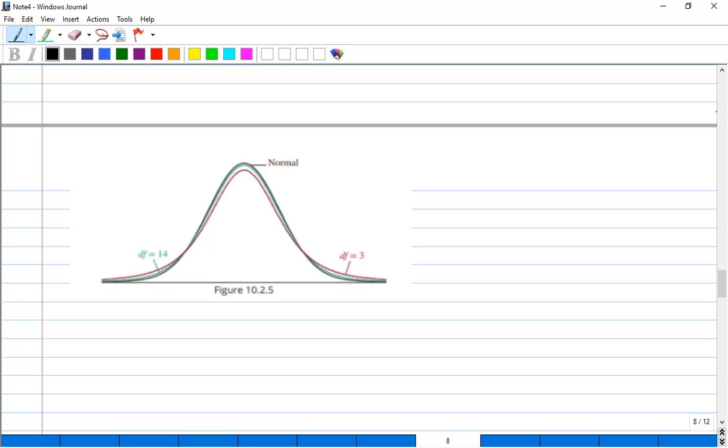The degrees of freedom, that DF, that stands for degrees of freedom, is equal to n minus 1, where n is the sample size.